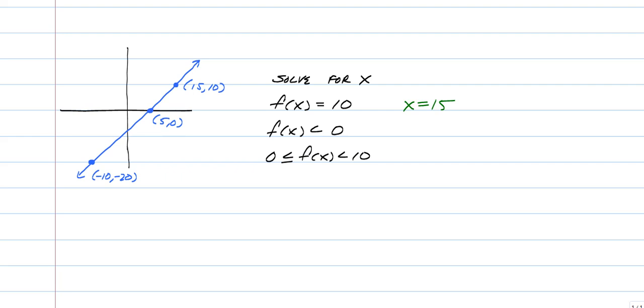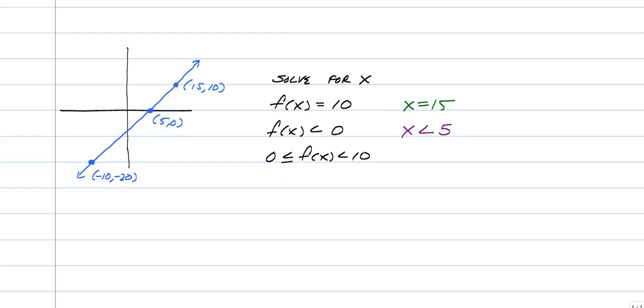So if f(x) is less than 0, that means 0 and below. So we're starting with x is equal to 5, and below will produce a y value less than 0. So that means x has to be less than 5.